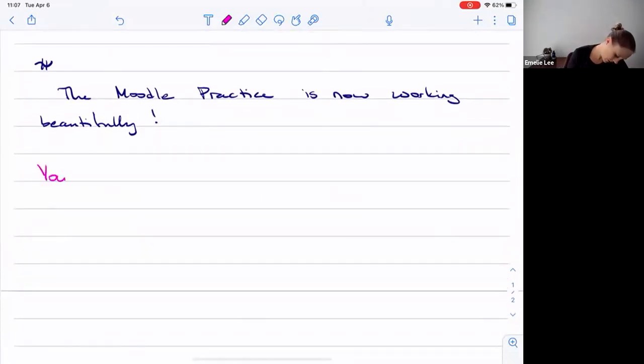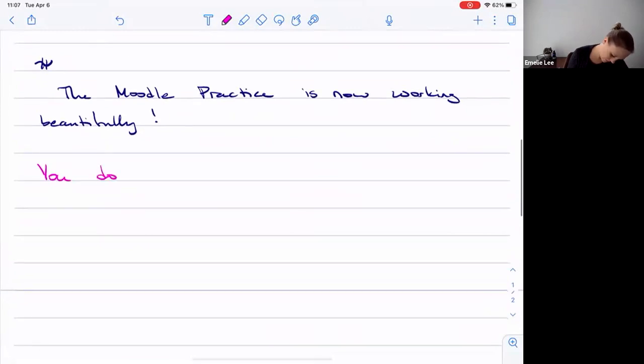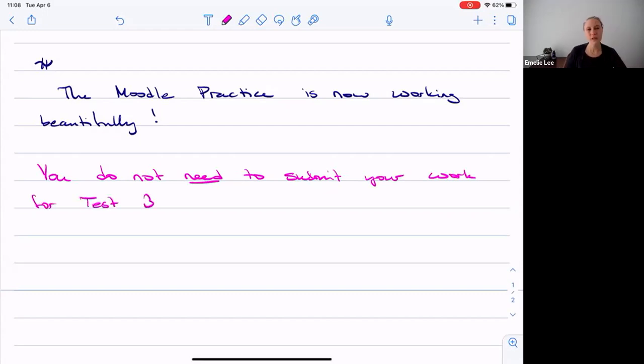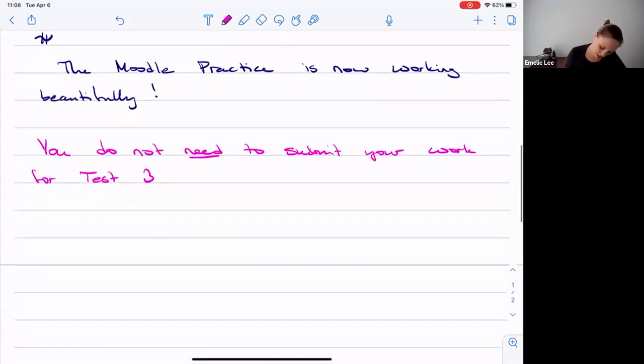So you do not need to submit your work for test 3 if you are using your calculator functions.